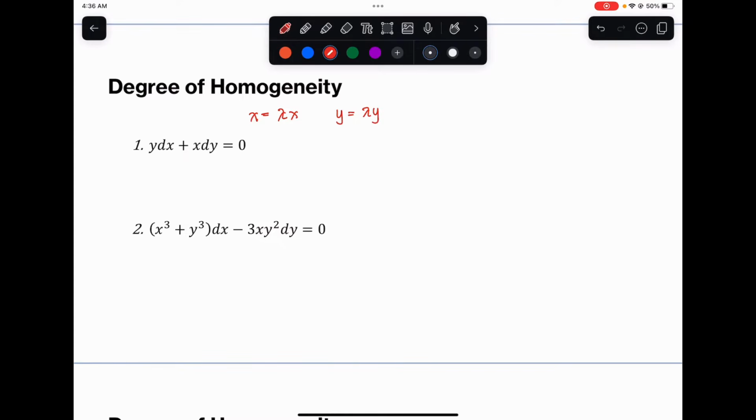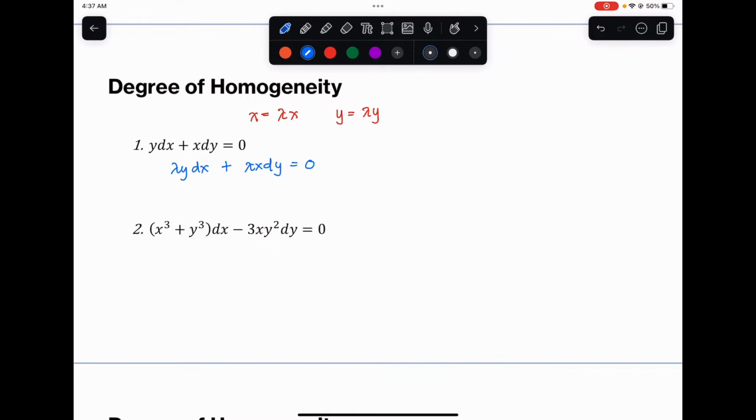For example, for number 1, is this a homogeneous equation or not? We have y dx plus x dy. Changing y to lambda y, we have lambda y dx, plus, changing x to lambda x, dy equals 0.